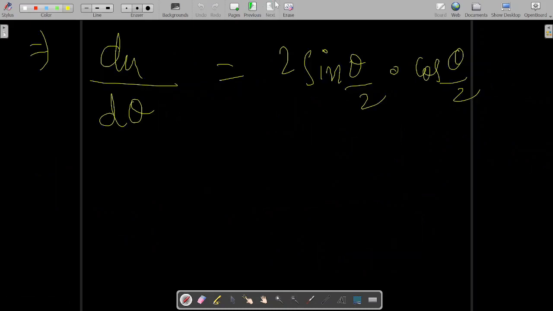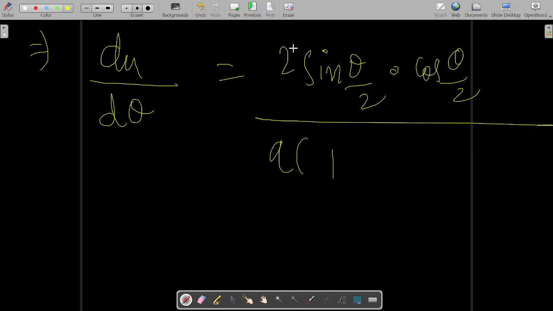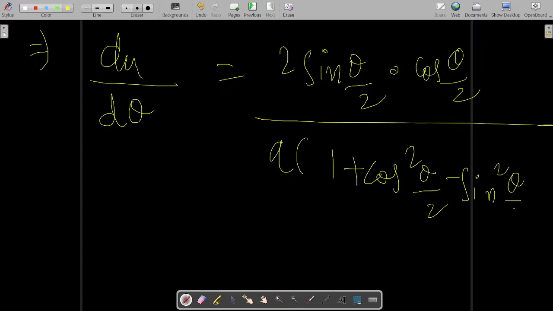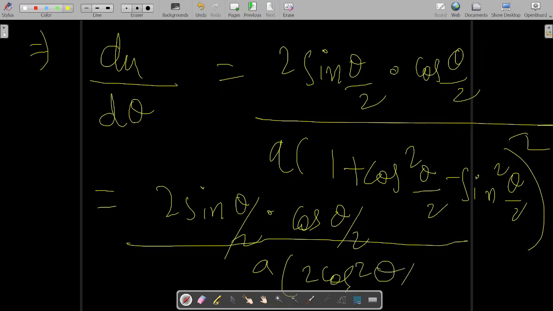In the denominator, a into 1 plus cos theta, which is 1 plus cos square theta by 2 minus sin square theta by 2, and this whole square, comes out to be 2 sin theta by 2 into cos theta by 2 divided by a into 2 cos square theta by 2 whole square.